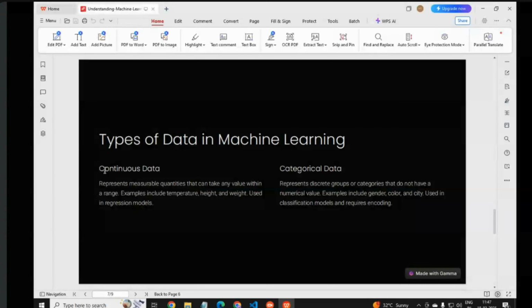Like in winter, in Kashmir side, there is a 0 degree temperature. So does temperature exist or not? Exists, sir. We don't say that there is no temperature.